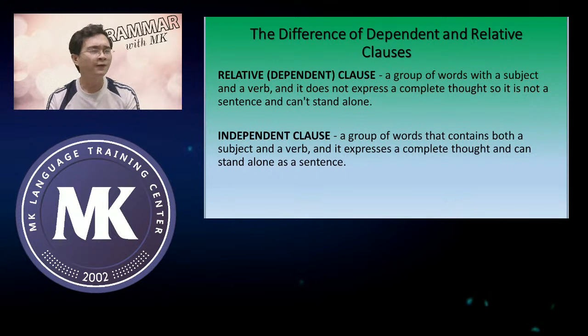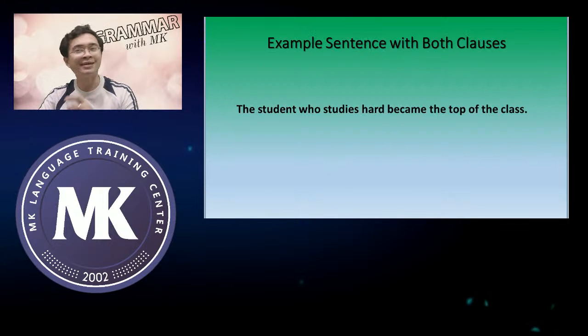Okay, to give more clarification about the difference between these clauses, I will give you an example. Here we have: The student who studies hard became the top of the class. In this sentence, we have the relative pronoun who, and of course our subject here is student.